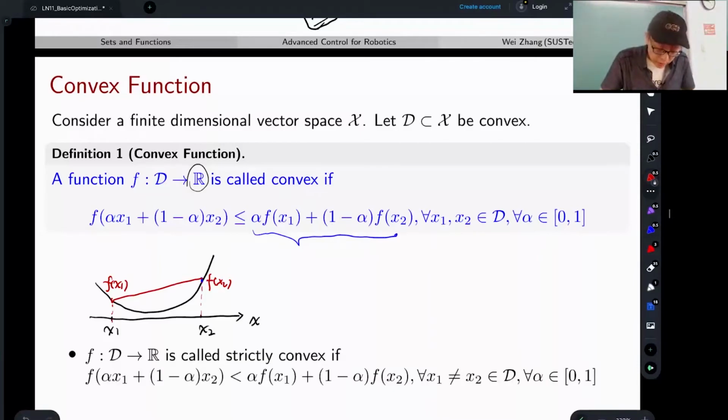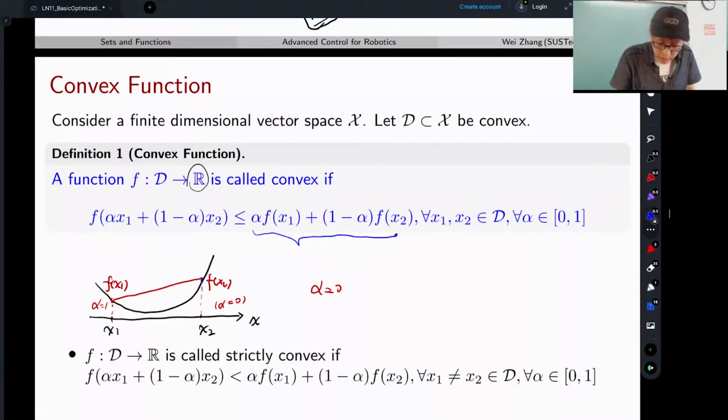As alpha increases from, let's say, alpha equal to 0, that means you are at f(x2). Alpha equal to 0, you're at f(x2). Alpha equal to 1, you're at f(x1). So as alpha changes from 0 to 1, the right-hand side moves along the line.